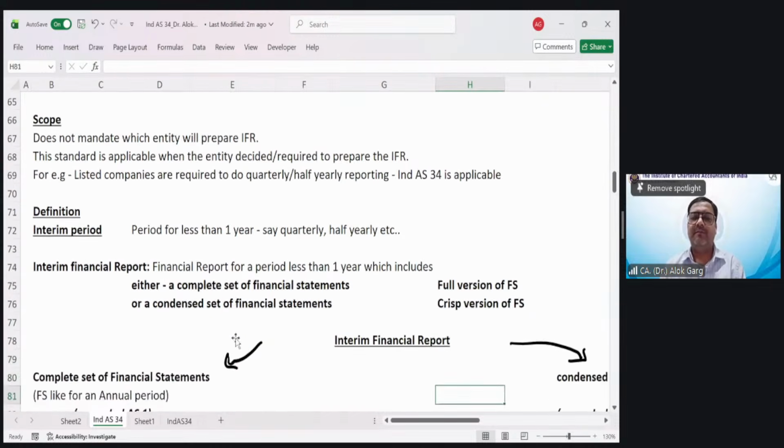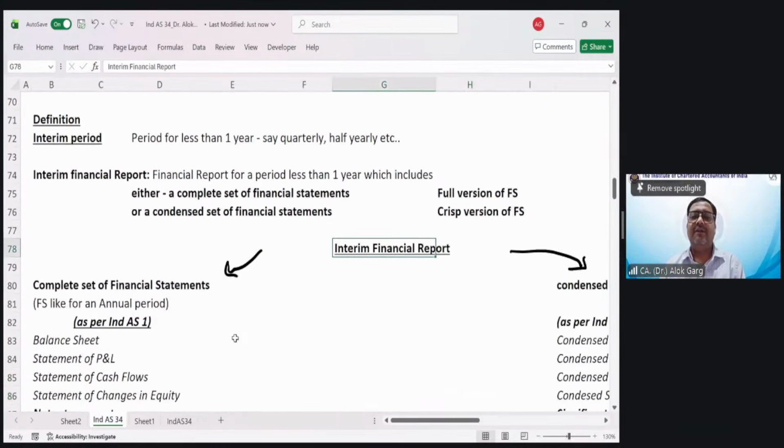Now, my dear friends, if I talk about interim financial report, if you are preparing a complete set of financial statements, if you have decided that every quarter I will prepare a full set just like an annual set, I will do the complete related party disclosure, segment reporting, contingent liability, actuarial disclosure.